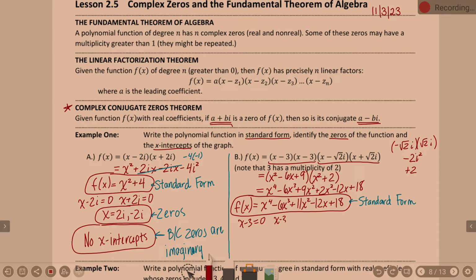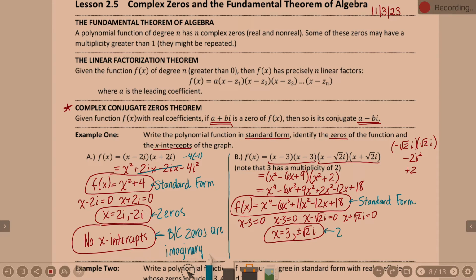I could say x minus 3 equals 0 again, but do I need to? No. x minus square root of 2 times i equals 0. And x plus square root of 2 times i equals 0. So with that in mind, when we solve, as you said, we have 3, and we have plus or minus square root of 2 times i. And those are my zeros.